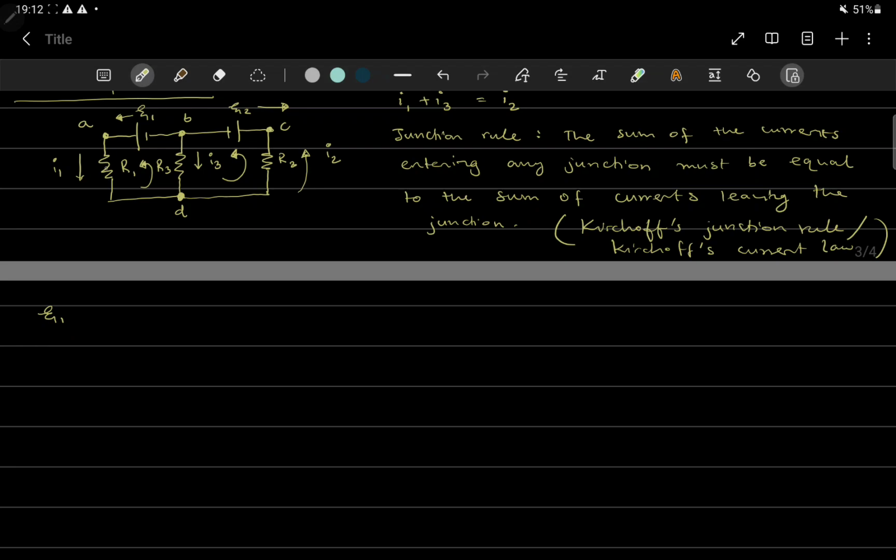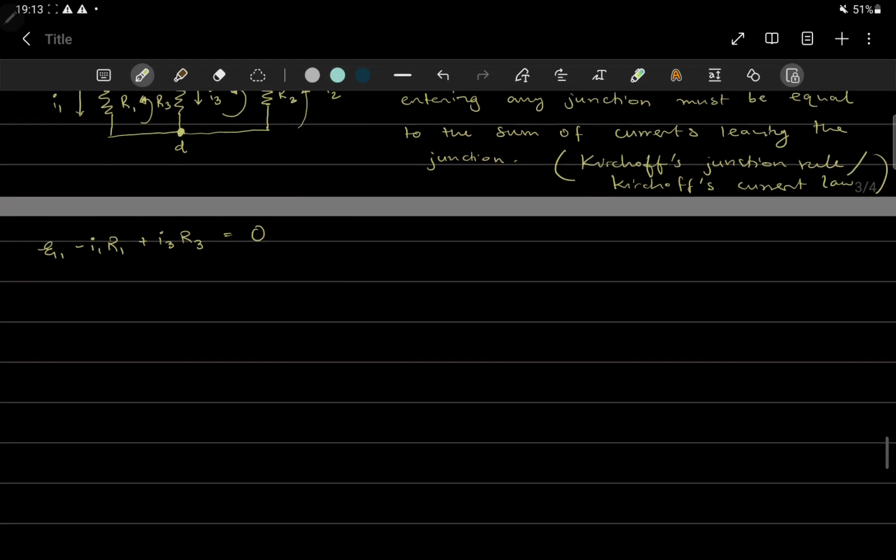The current flowing through the resistor is I1, so this will be minus I1 R1, because we are in the direction of the current, and the resistor essentially takes away from the potential. And then I move from point A to point D, and then I go back upwards towards point B again, but this one is in the opposite direction of I3, so instead of a minus I should get a plus, and therefore I get plus I3 R3, and this should equal 0 because I'm coming back to the same position, right?